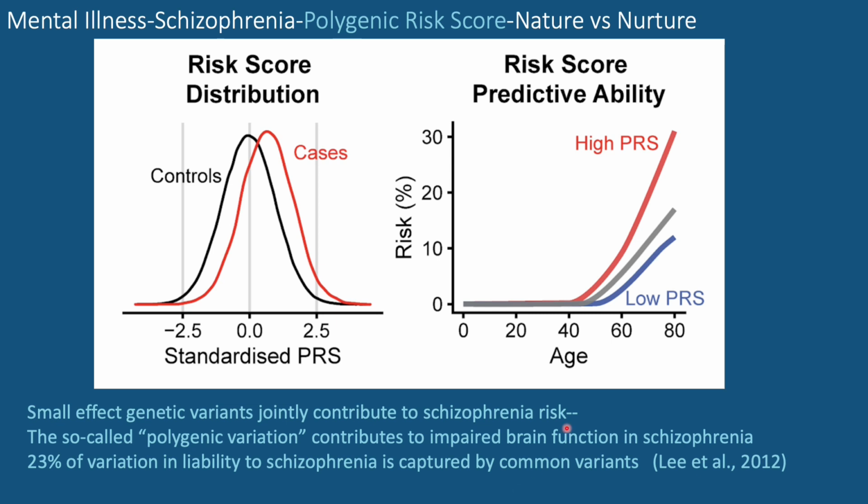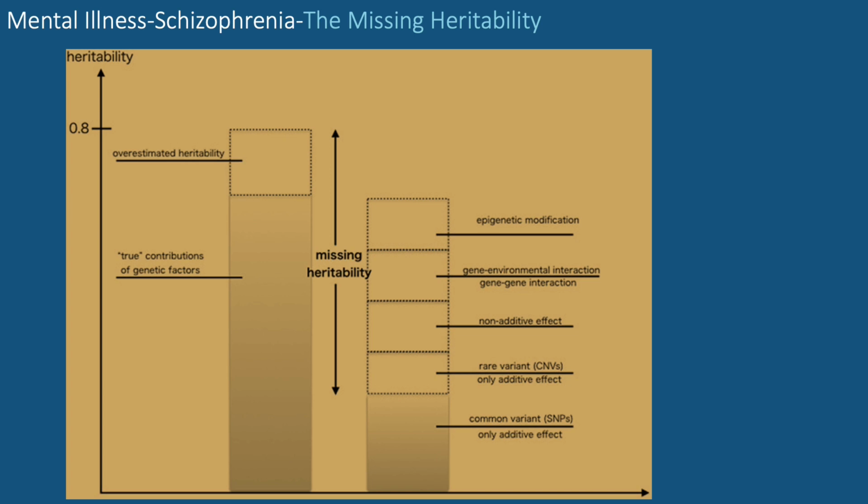So the common variants that altogether constitute the polygenic risk score explain 23% of the risk in developing schizophrenia or having schizophrenia. Schizophrenia is a complex disease, and we see that the common variants explain 23% of the risk.